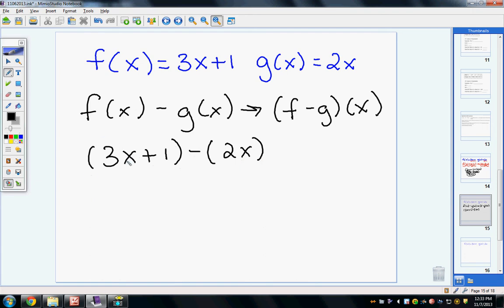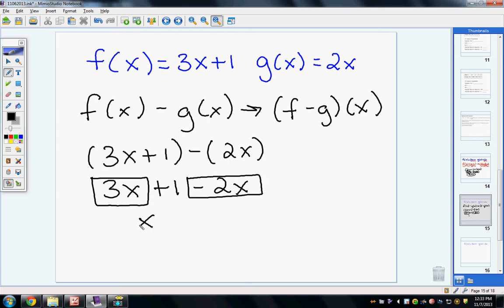So we're going to rewrite it without parentheses, distributing that negative sign. So this becomes 3x plus 1 minus 2x. The 3x minus the 2x is just x, so I'm done with those, and then I'm left with a plus 1. So 3x plus 1 minus 2x is equal to x plus 1.